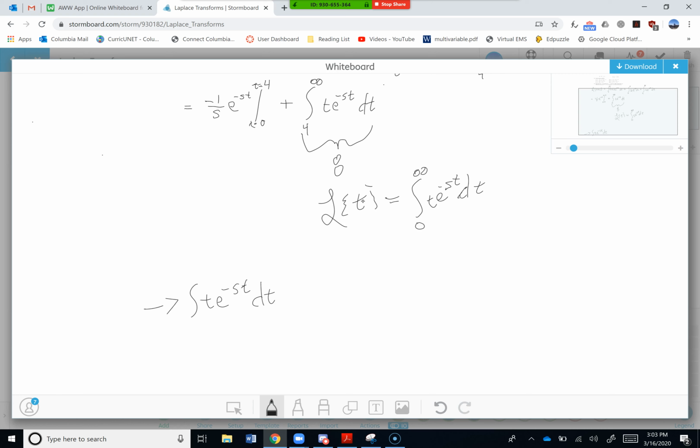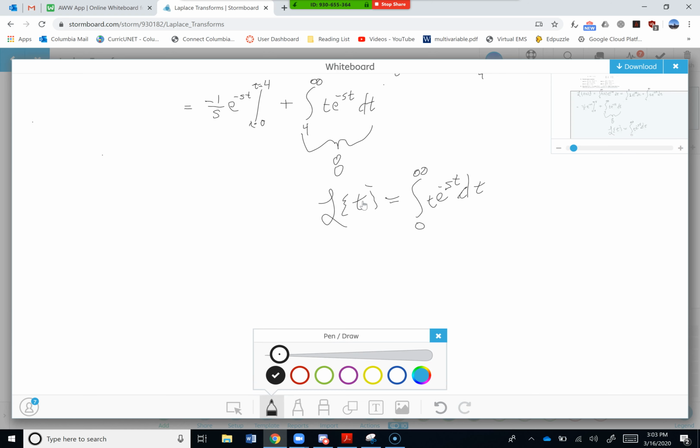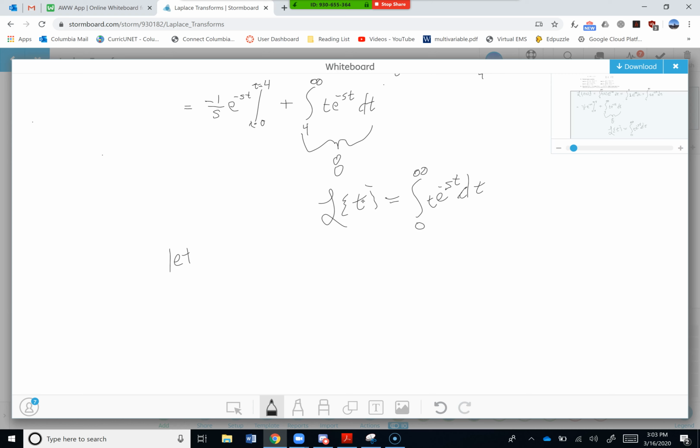So I'm going to dump the manual integration idea and adjust the bounds with a u substitution, but I'm going to make it a t hat substitution just because I want to be explicit about what I'm trying to do. So I'm going to let t hat be t and something to do with 4.